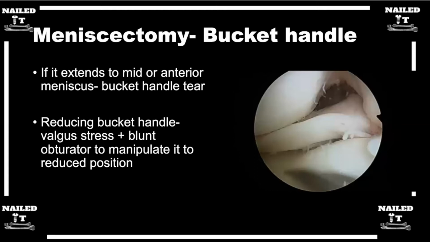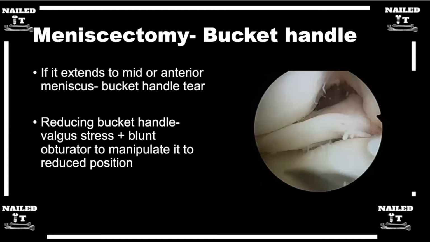You kind of have to see how it's behaving and where it's trying to displace from and how stable it is once it's in there. But either starting at the front and back and stabilizing it with a stitch, or just putting one stitch in vertical fashion in the center of it just to keep it from coming out, and then filling in top and bottom of the meniscus, going out to the extents of the tear, anterior and posterior from there.